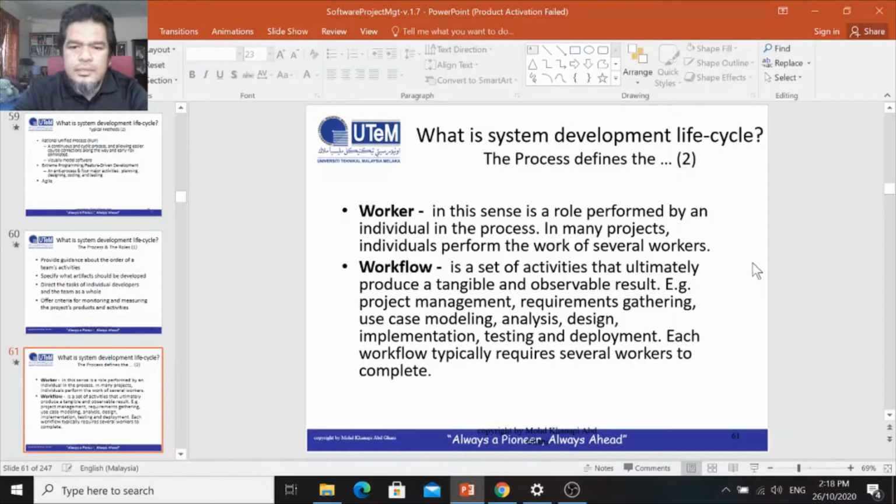For example, SRS review, SRS sign off, and so on. This is a workflow: how to accomplish certain phases in the development life cycle.